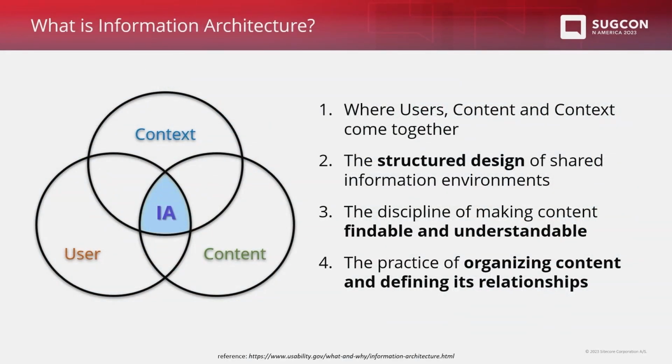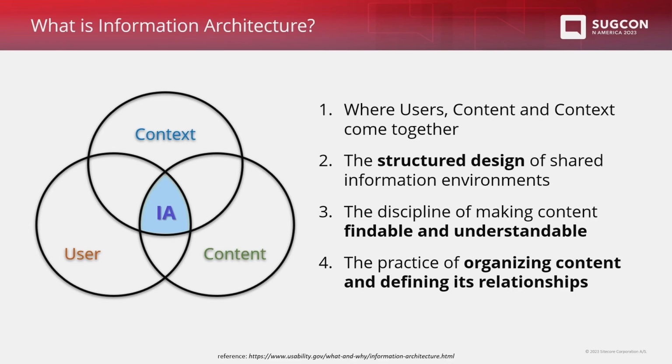All right, so first thing, information architecture. If you do any kind of Google search, you'll see these three intertwined circles. Content is a mix of the user, the context in which they're using it, which means the platform or environment, and then the content itself. So it is a structured design, which is really important. It's a structured design of information environments.